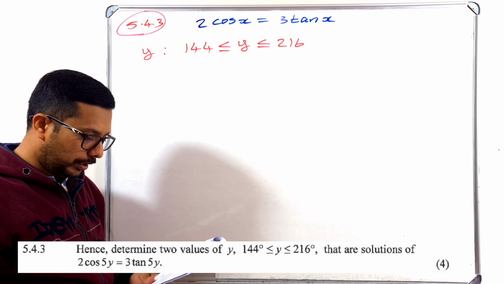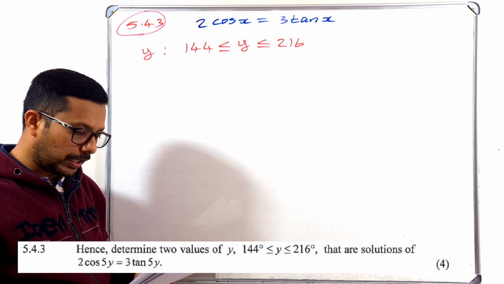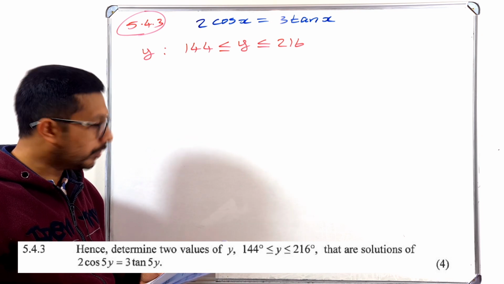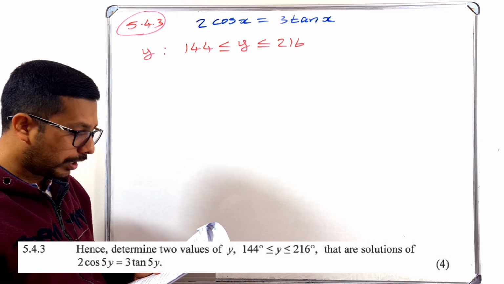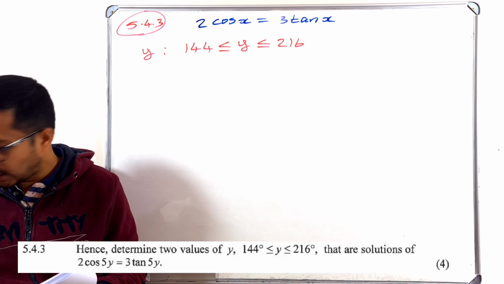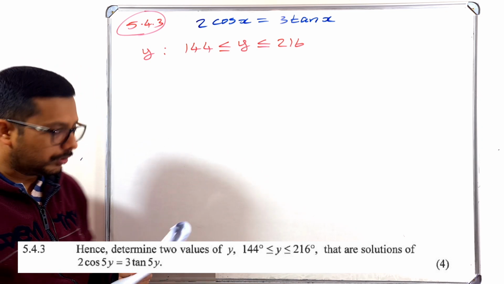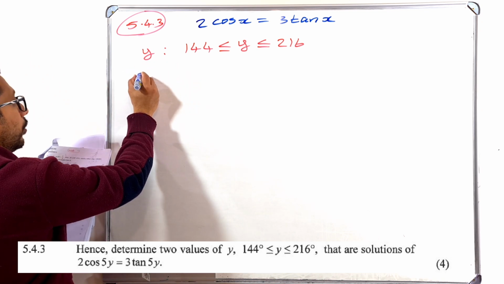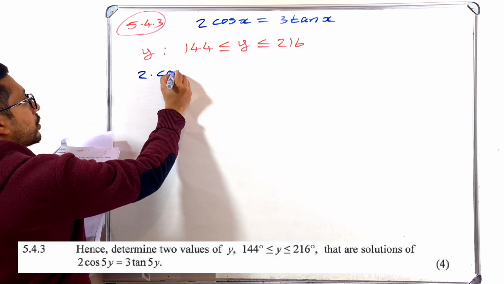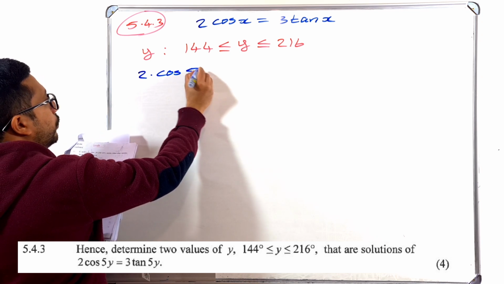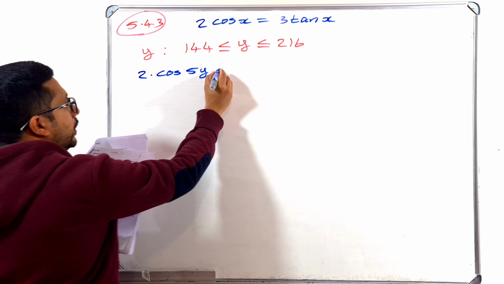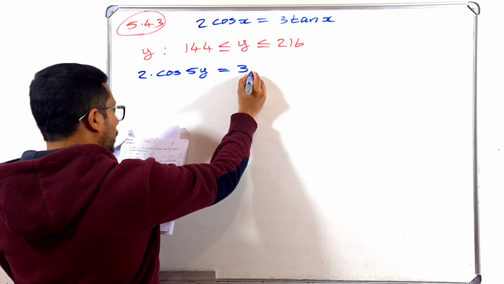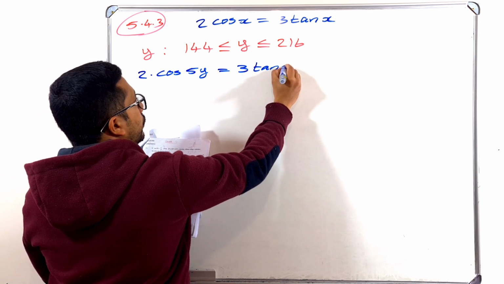Now these are solutions of 2 cos 5y is equal to 3 tan 5y. So you have to find two values of y that are solutions of 2 cos 5y is equal to 3 tan 5y.